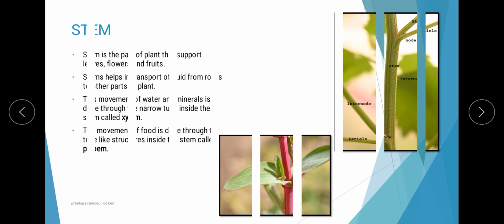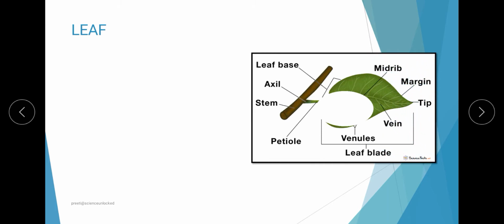The next organ that we are looking into is the leaf. Now when we talk about leaves, these are present on the stem and they have multiple terms with reference to their understanding.